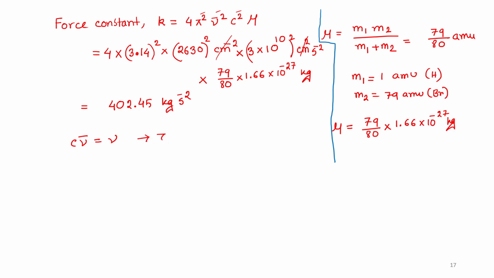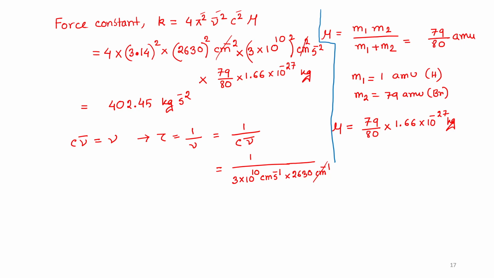So tau is 1 by nu, then it is going to be 1 by c nu bar. C is 3 into 10 to the power 10 centimeter second inverse, multiplied by 2630 centimeter inverse.